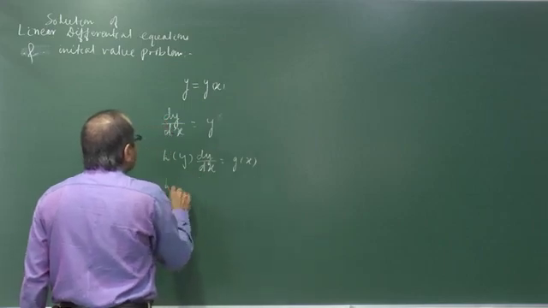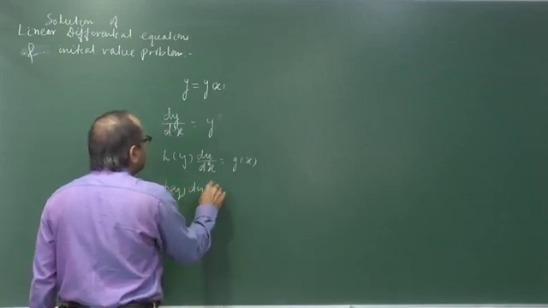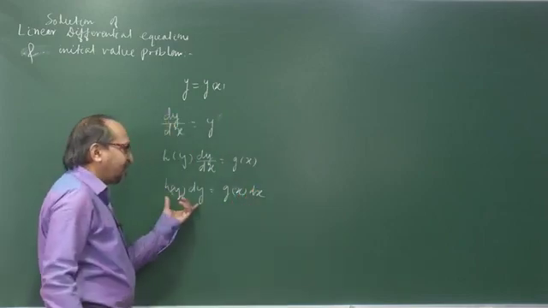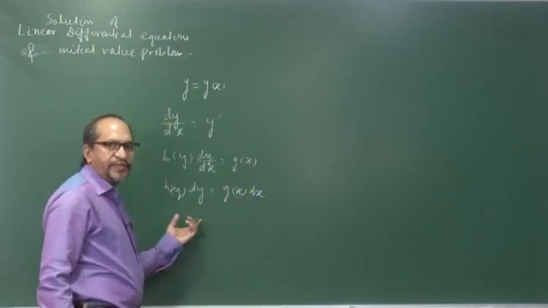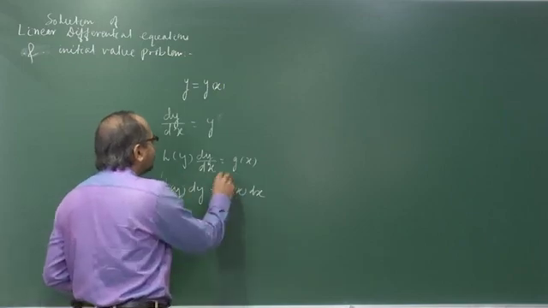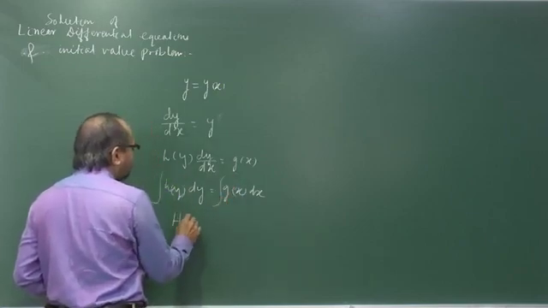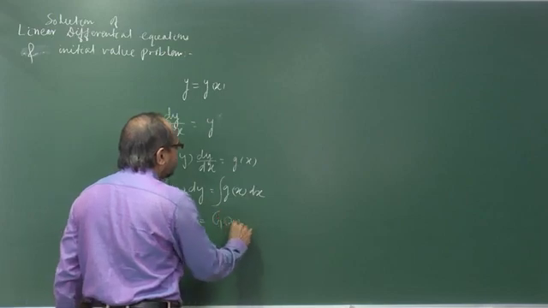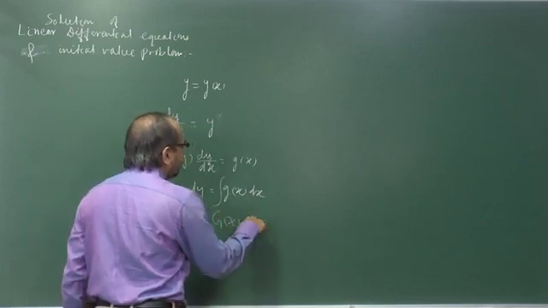As I discussed in the last class, we can separate the y variable and the x variable and integrate both sides, and we come out with h of y is equal to g of x plus a constant of integration.